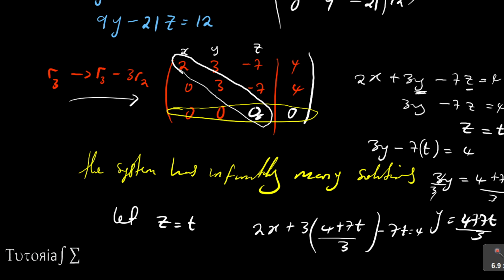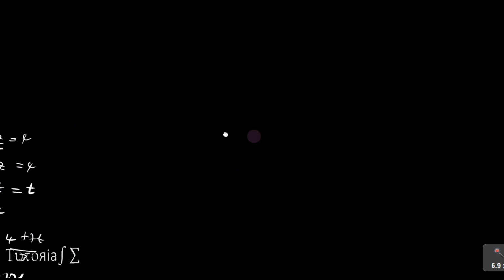Okay, so this is the first case of a free variable. Okay, let's look at a second case. A second case is where you have more variables than the number of equations. So I'll just put a simple example: x plus y plus z plus w, and we have z plus w, okay, we have z.